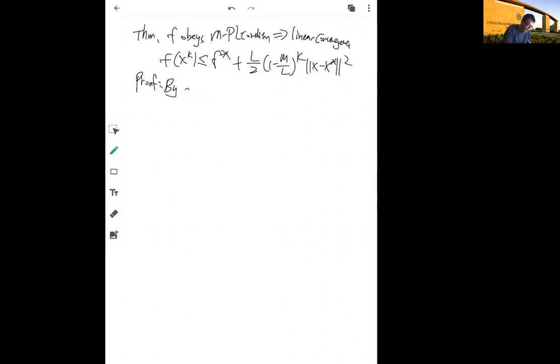First of all, by the descent lemma, this is something that we've been using several times, we can get that f of x_k is smaller than f of x_{k-1} minus t times the squared norm of the gradient of f at x_{k-1}, right?